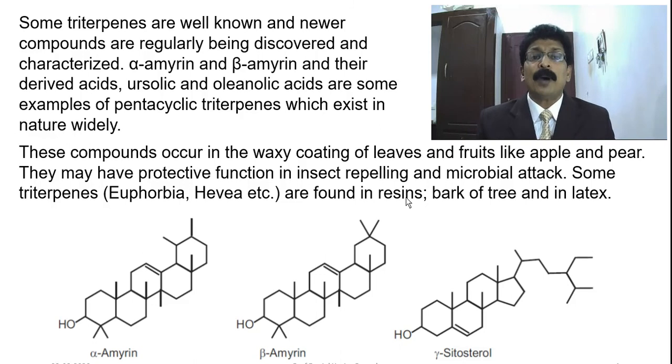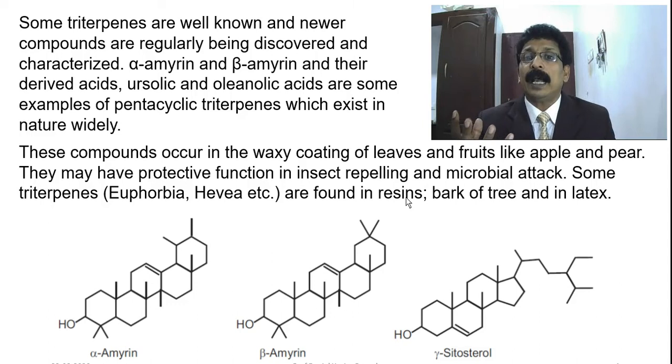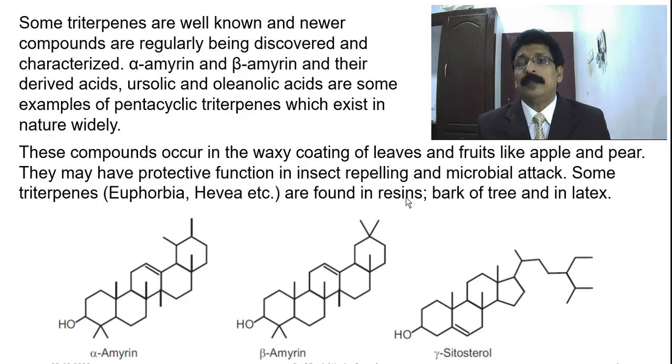These compounds occur in the waxy coating of the leaf and fruit, like apple and pear. They may have a protective function, repelling insects and microbial attack. They give protective measures for the fruits and the leaf.